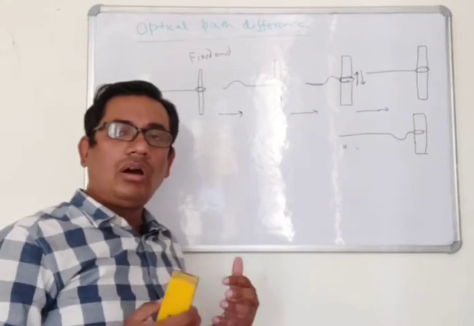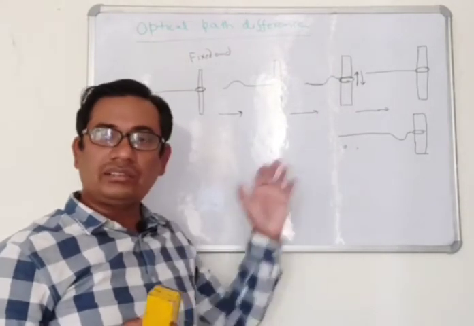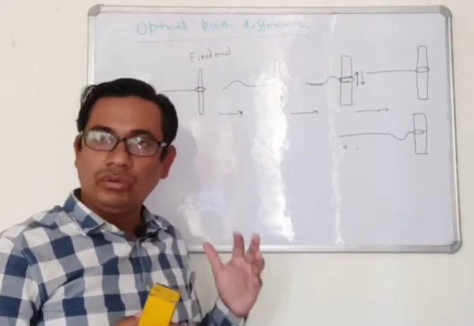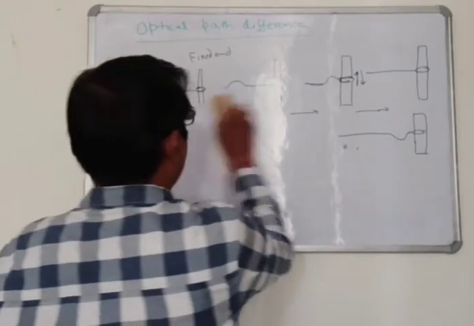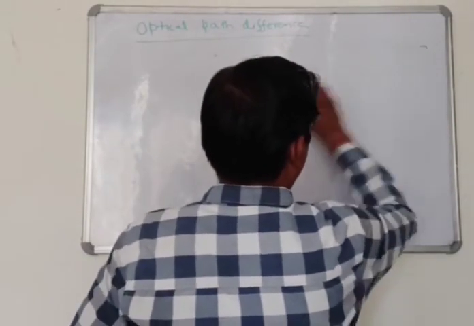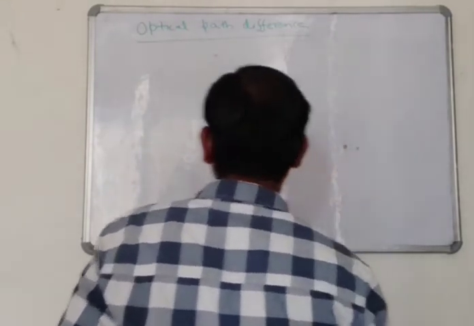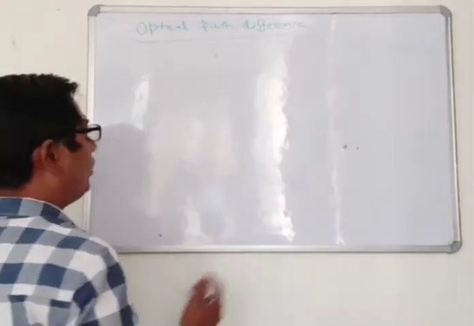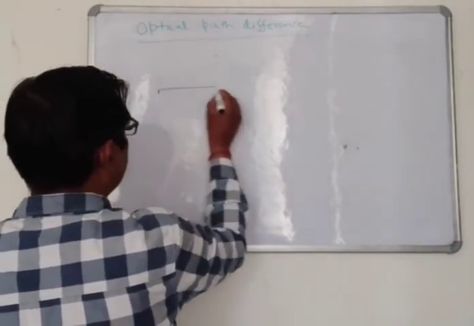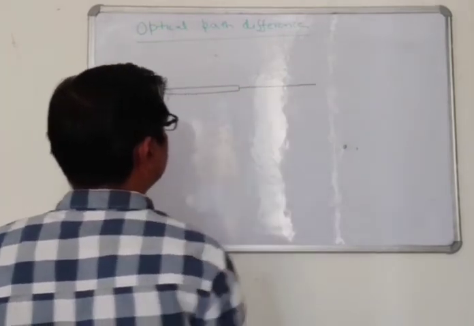Now, how can we correlate this concept with rarer to denser or denser to rarer? You can see in this example, then you can compare with rarer to denser and denser to rarer medium. Suppose you have a thick wire, and here there is a rope like that.